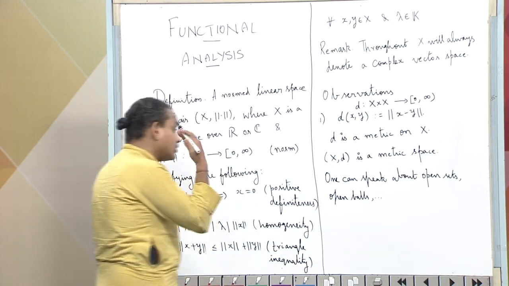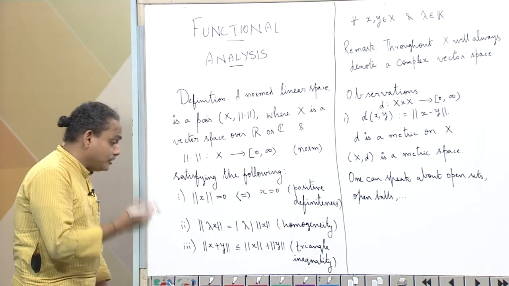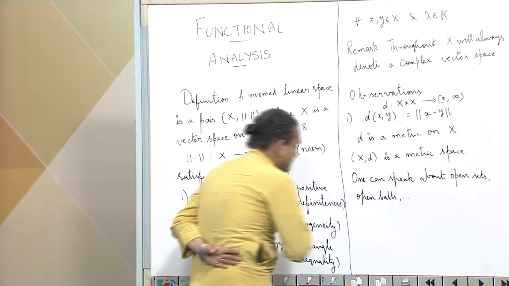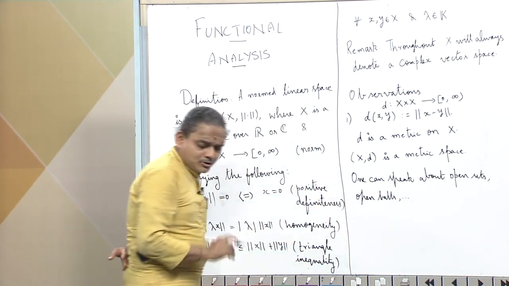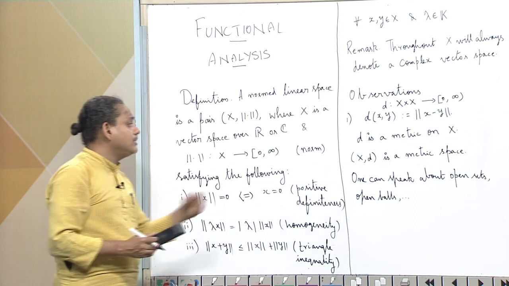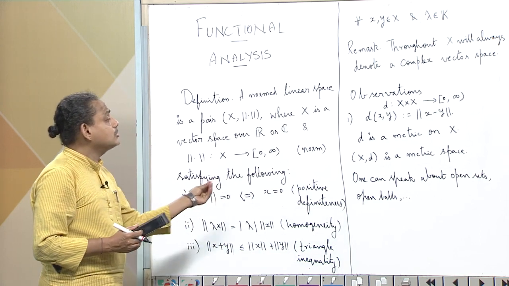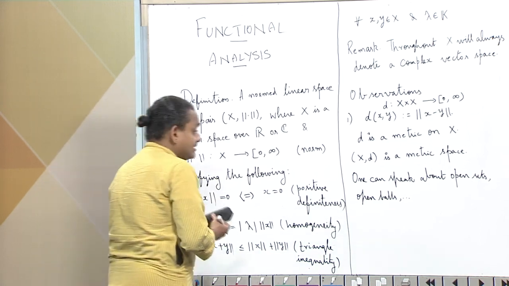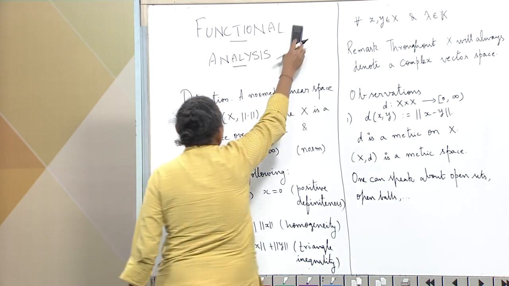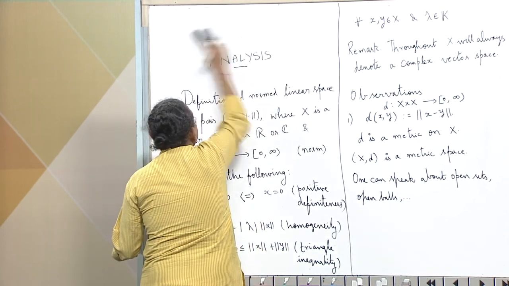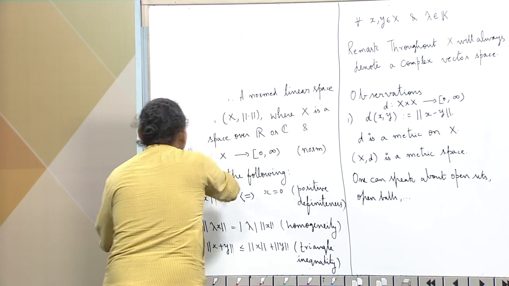You can even speak about convergence of a sequence, continuity, and all those things. So, the first question is: do we have an example? Can we speak about some continuous functions? The answer is yes, and in fact, the second observation will give us a simple example.